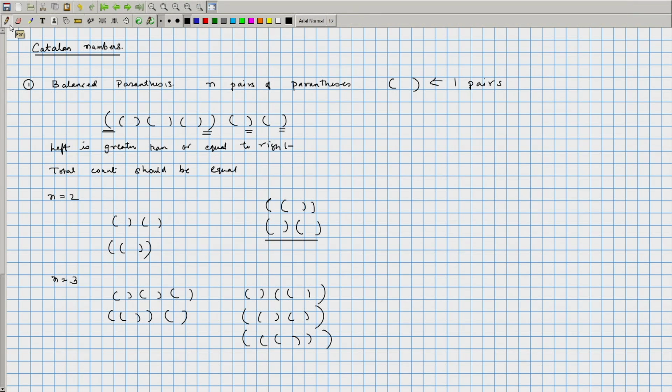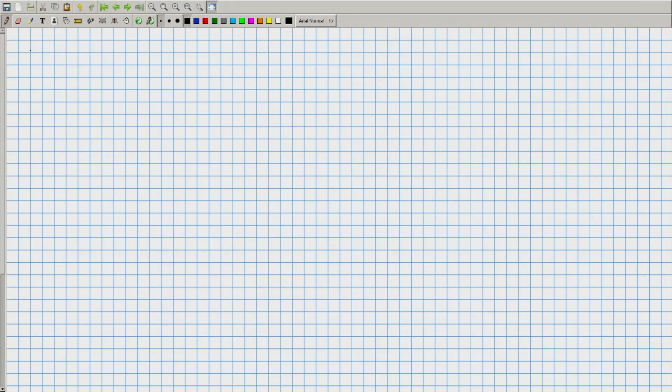and we need to compute the value of the number of balanced parentheses for the general n. It is a very similar problem, which is also known as the gambler's ruin or the drunkard's walk. So, the x axis denotes time and y axis denotes the amount of money or the position from where you have started.